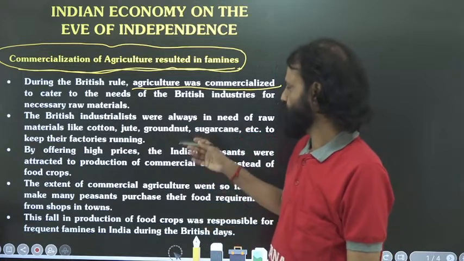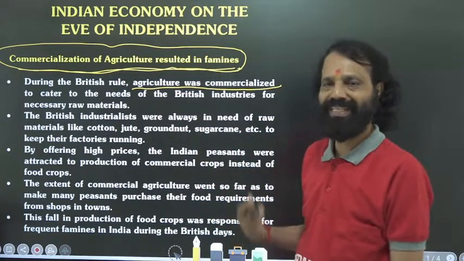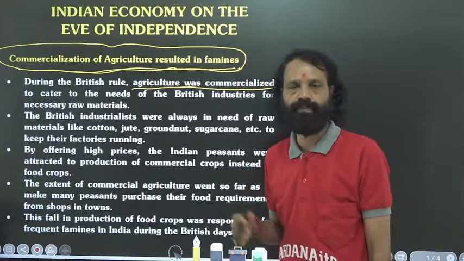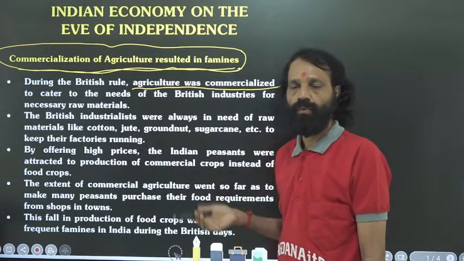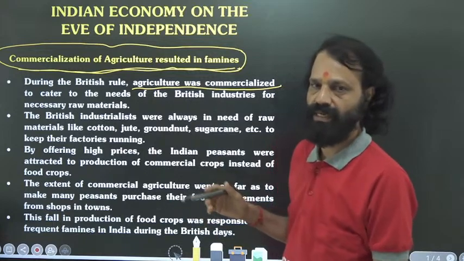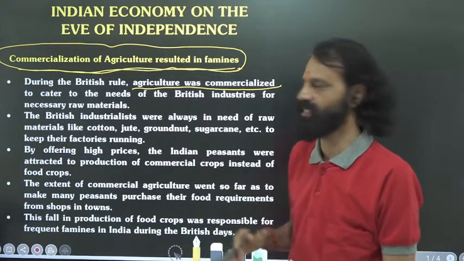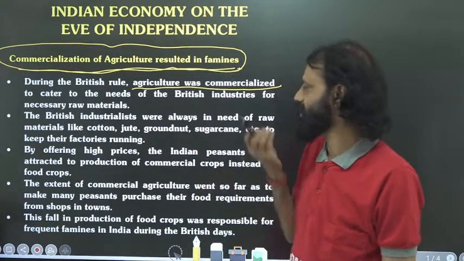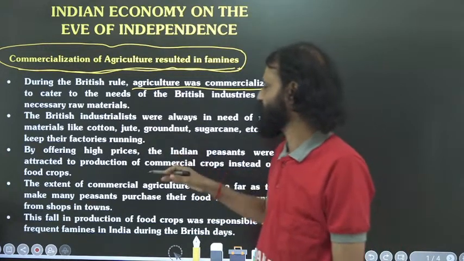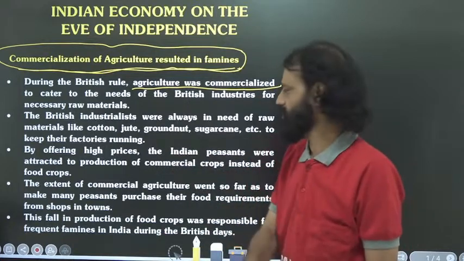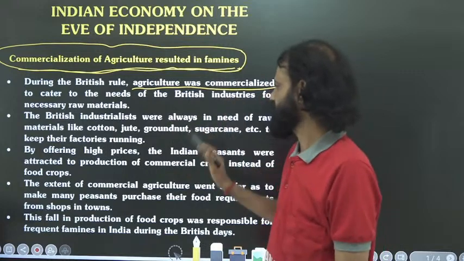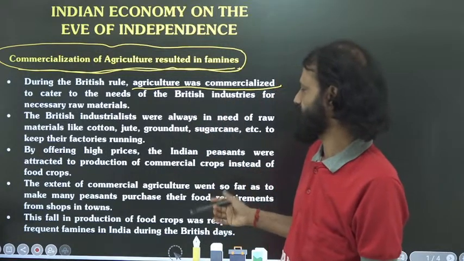All those raw materials moved from India to Britain, and after that Britain's industries prepared finished products. All those finished products at last came to Indian markets. So enough food for eating was not sufficient in the Indian market. So Indians faced famine. That is the main point you need to understand.